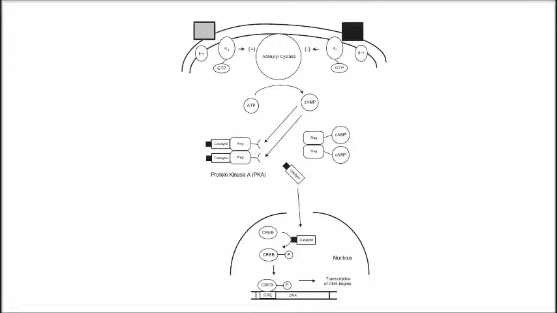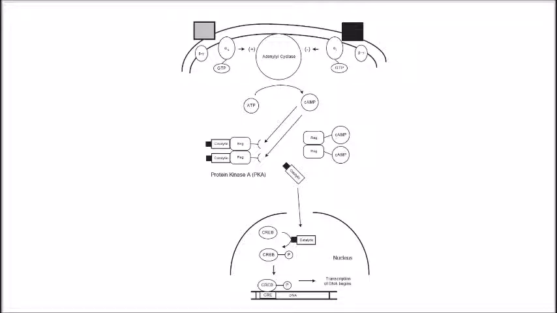And two molecules of cyclic AMP will bind to the regulatory subunit of protein kinase A, causing the regulatory subunit to break away. That catalytic unit will then move into the nucleus where it will phosphorylate a protein called CREB.